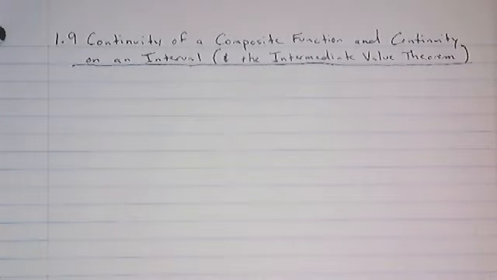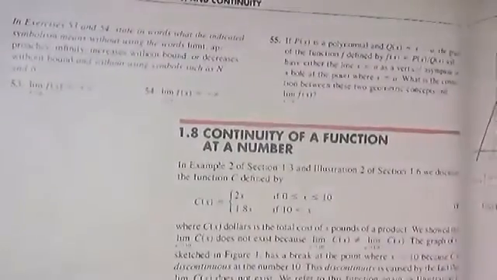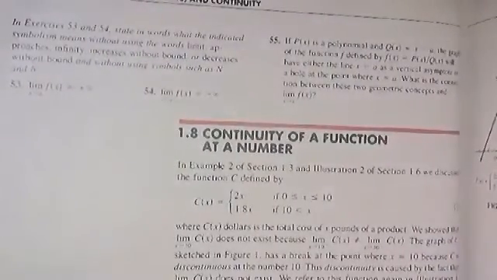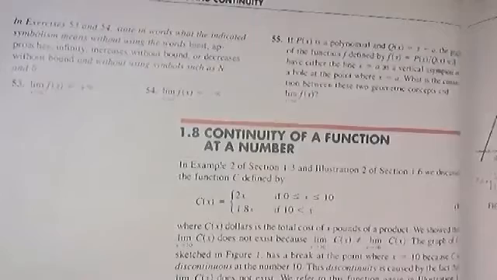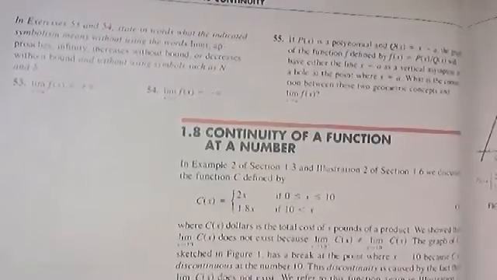Well, let's recall, in 1.8, did we talk about continuity on intervals specifically? No, you don't remember? Let's go back to what the title is. Continuity of a function at a number. Is a number an interval? No. Numbers are in intervals.